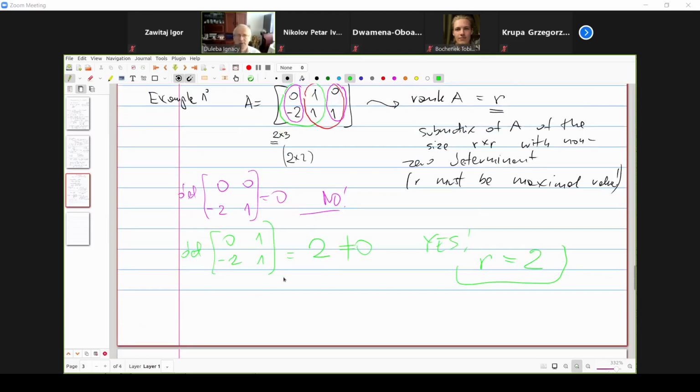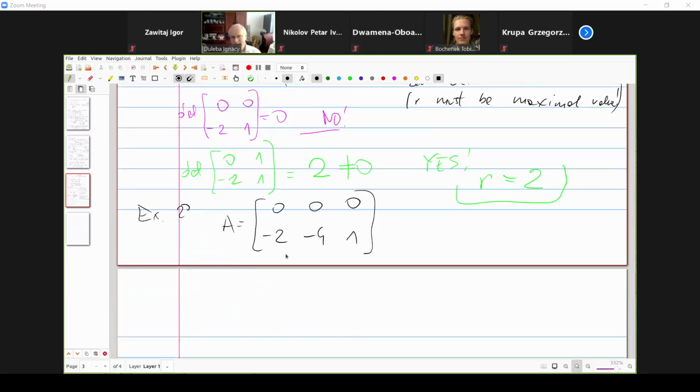Example number 2. Let's modify this matrix a little bit. Like this, maybe 0, -2, 0, -4, and 0, 1. Okay. And once again, I'm asking what is the rank of this matrix.